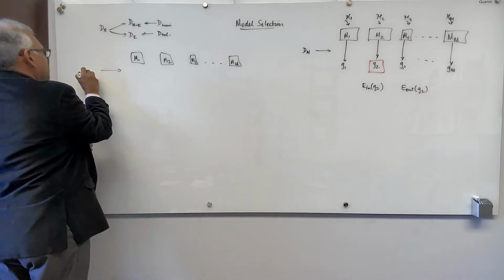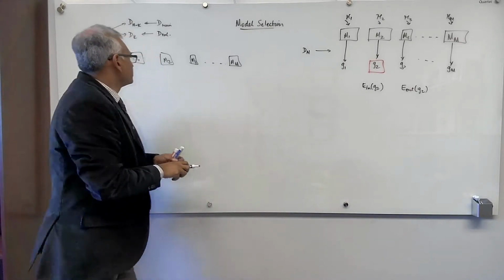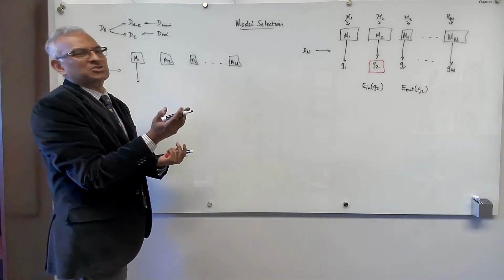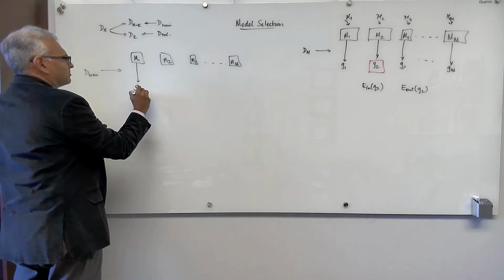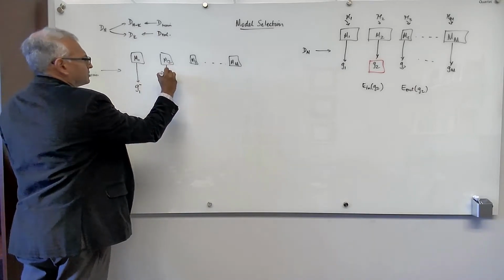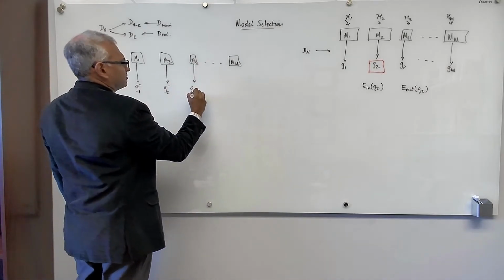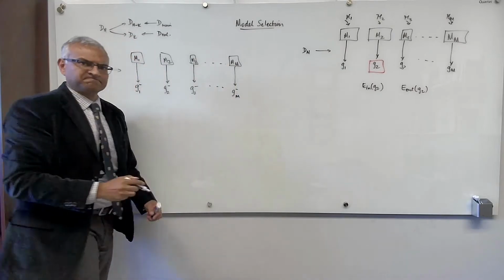You give the training data set to your different models, and they each produce a deficient hypothesis. That's the beauty of what's going on, to realize that they're actually producing deficient hypotheses. g1 minus, g2 minus, g3 minus, and so on, g_M minus.